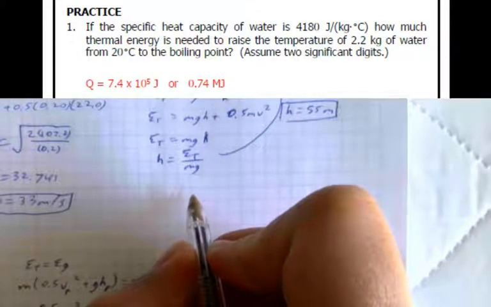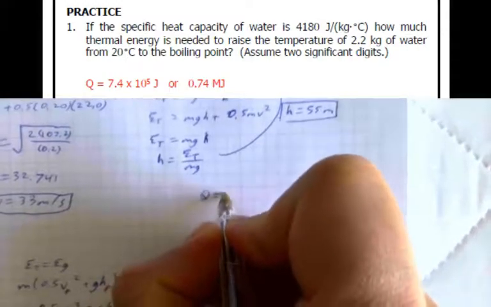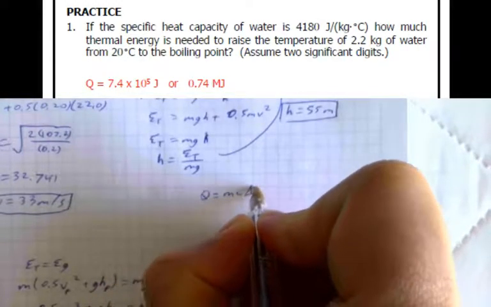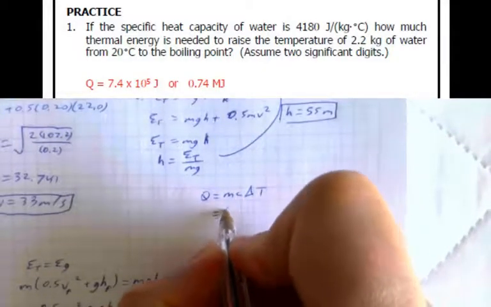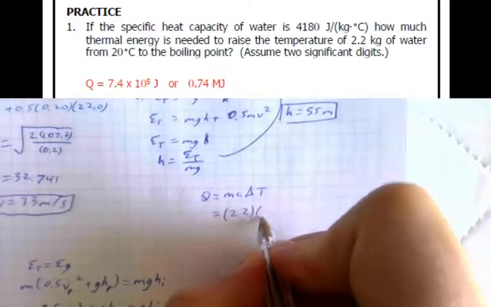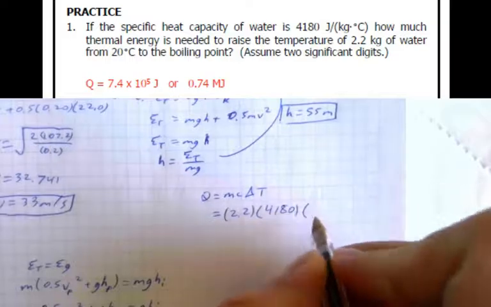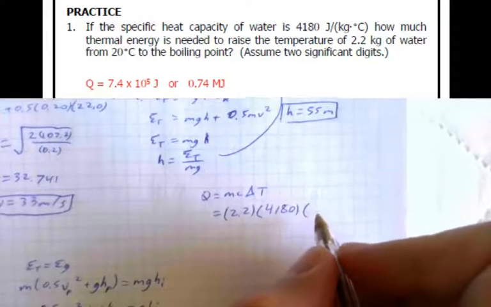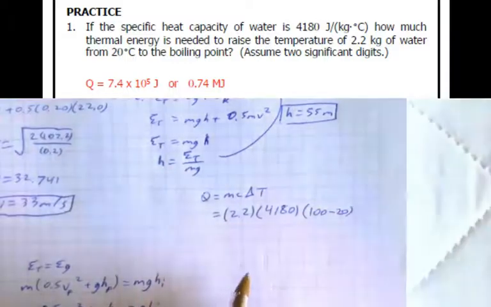So we have Q equals mc delta T. And we need to substitute what we know here. m is 2.2. c is 4180. Delta T is going to be the difference between 100 and 20.